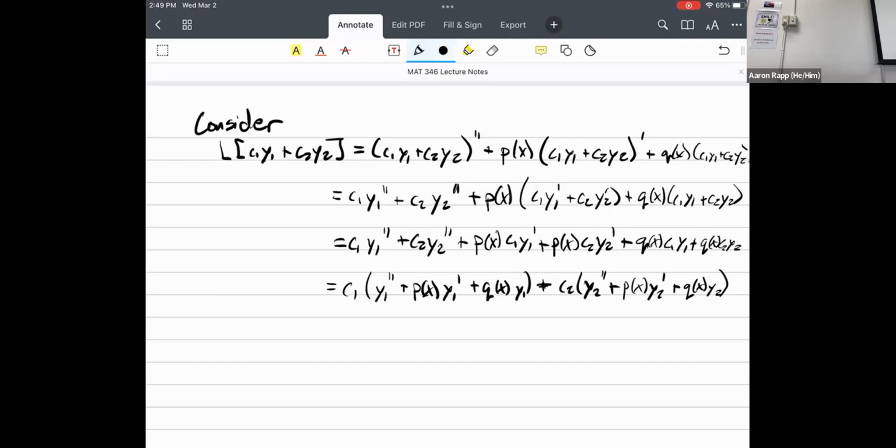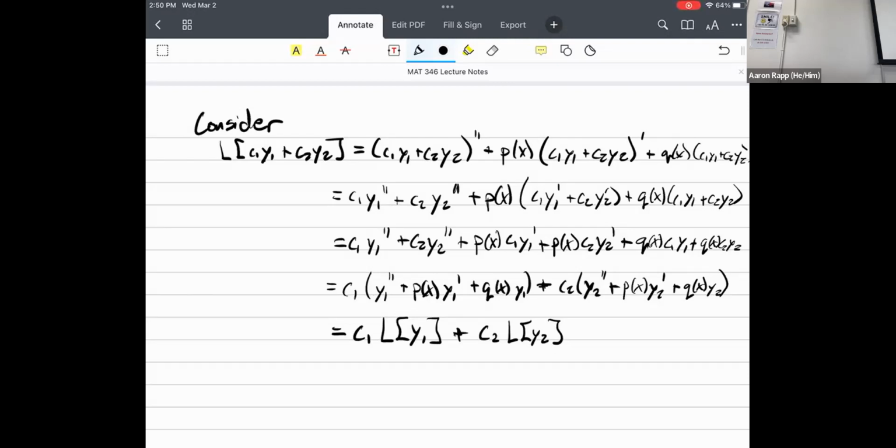And looky here, inside these parentheses. That's just what the output's supposed to look like if I plugged y1 into this function L. And then similarly for the second. What would happen if I plug y2 into the function L?